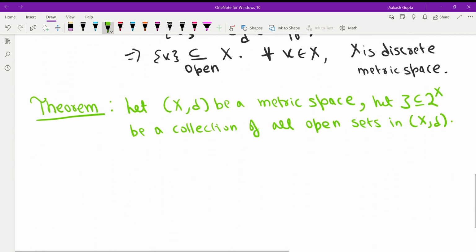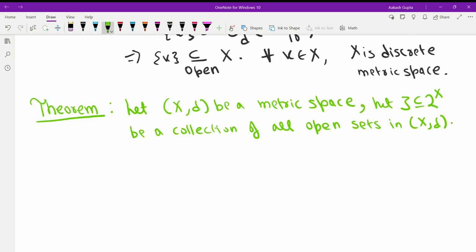So what is tau? It is the collection of all open sets. Now, what is our claim? Let us denote this tau with tau d, because it depends upon the metric.